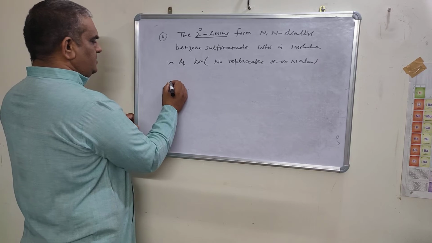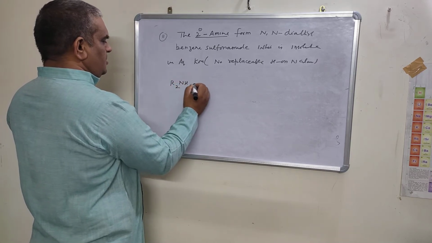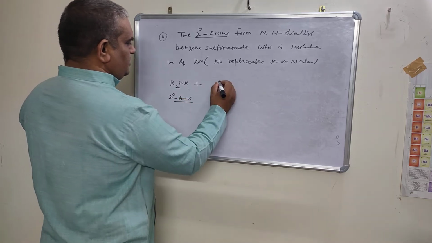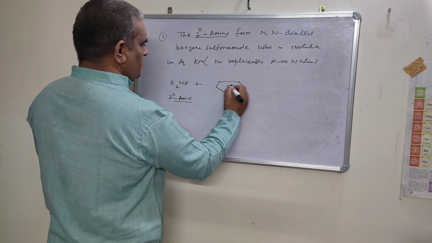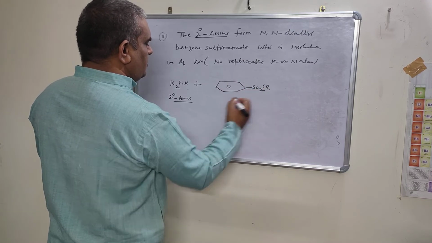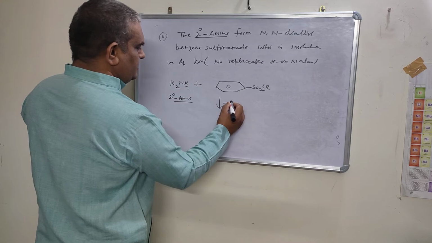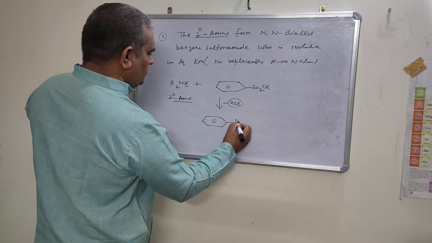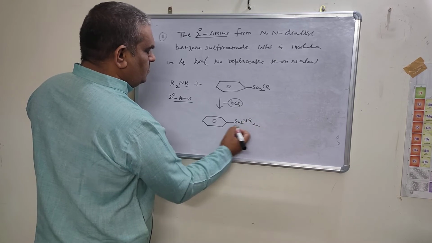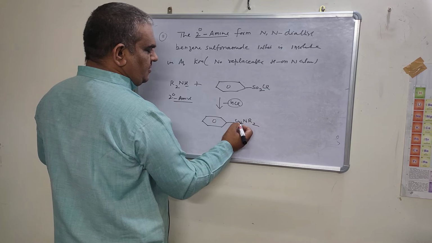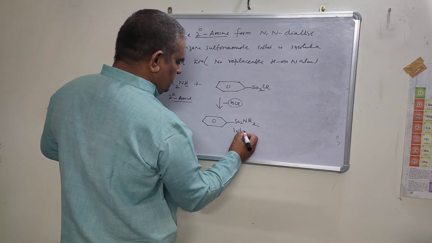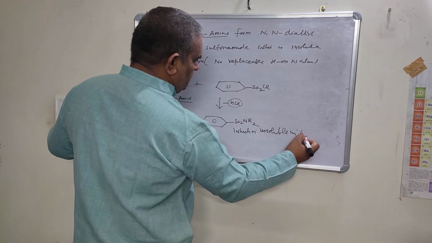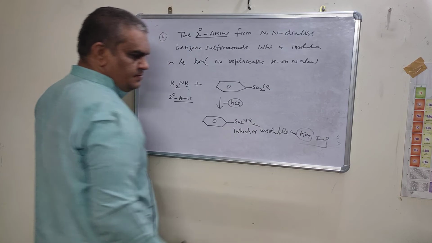The secondary amine reacts with benzene sulfonyl chloride, releasing HCl, and forms C6H5SO2NR2, N,N-dialkyl benzene sulfonamide, which is insoluble in KOH solution.